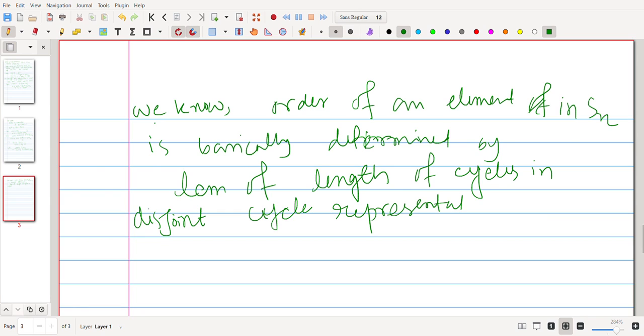That means we can write each element of Sn as a product of disjoint cycles, and if we take the LCM of the lengths of those cycles, we will have the order of that element.